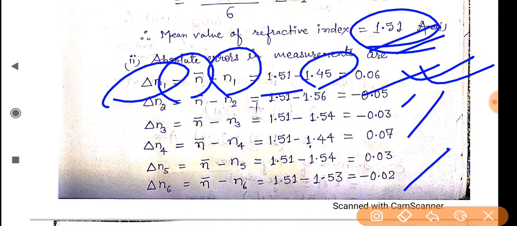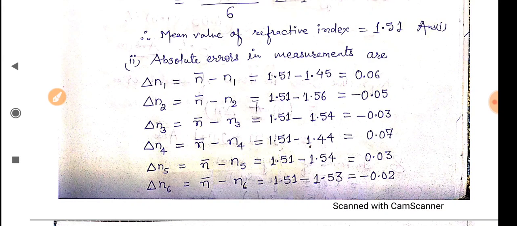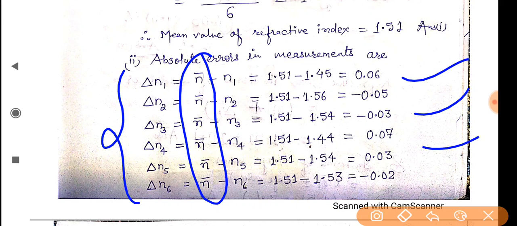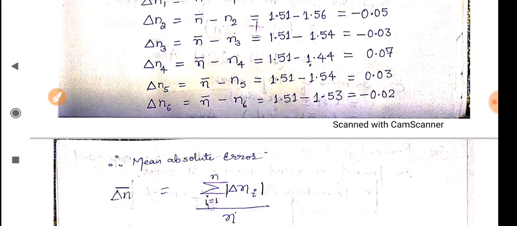In this way you can calculate the absolute errors in each measurement. It may be negative or positive, dear students. You can find Δn1, Δn2, Δn3 by subtracting the corresponding measured value from the mean value. Dear students, you can easily calculate it. It may be positive or negative.